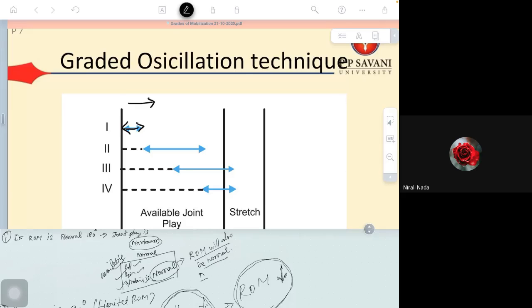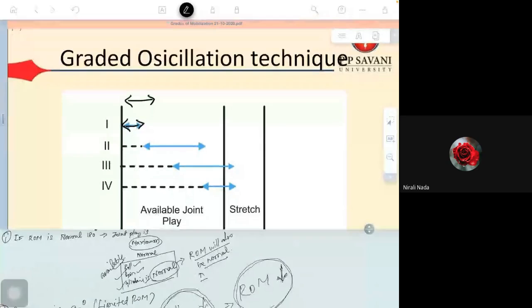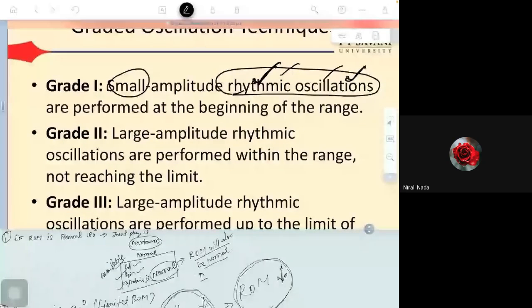It is a sustained joint play technique. Always you have to mark arrows on both directions, which means oscillation. Clear? It is small amplitude, and rhythmic oscillation performed at the beginning of range.